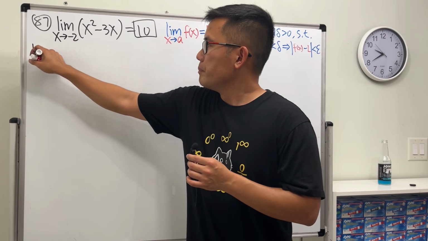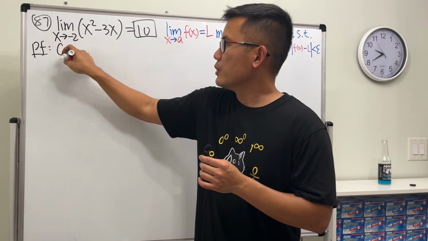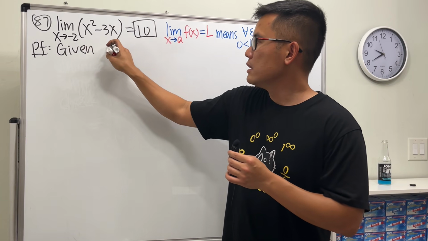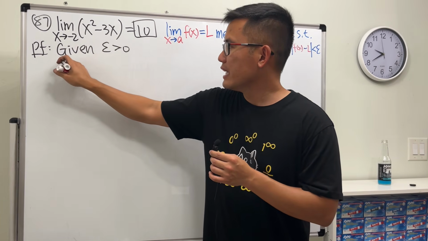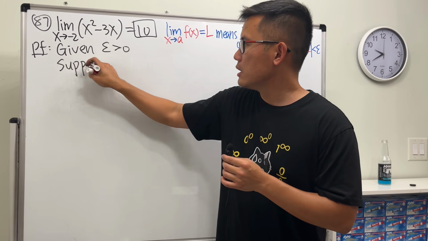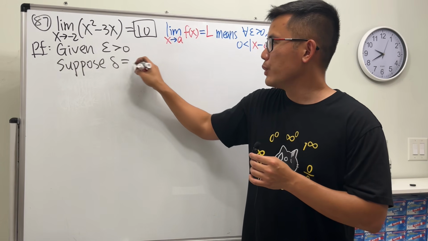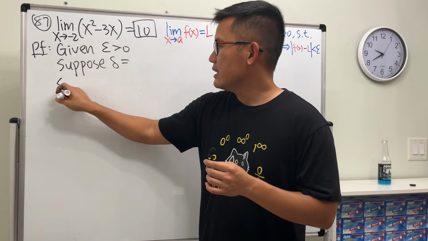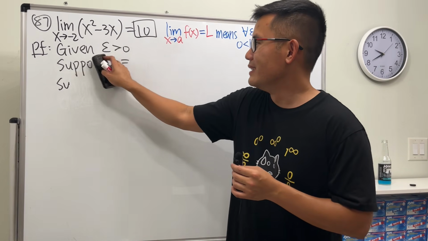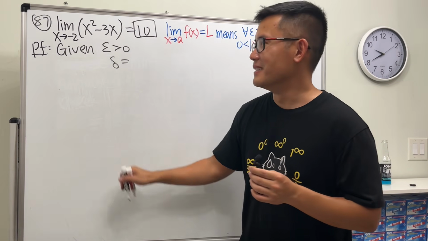So here we go. Proof. Let's go ahead and say given epsilon greater than 0, choose delta. Sorry, I'm tired.